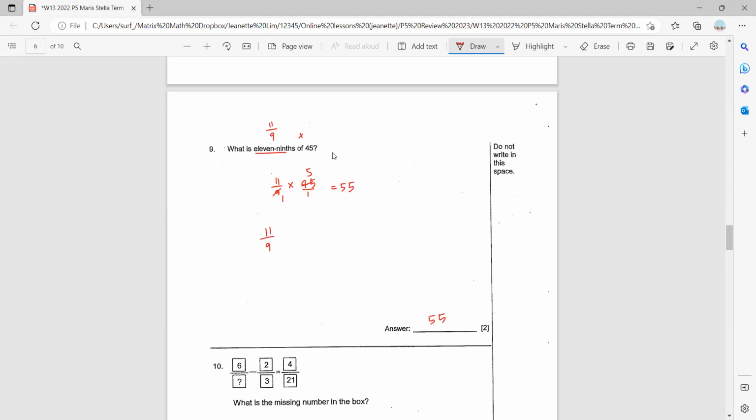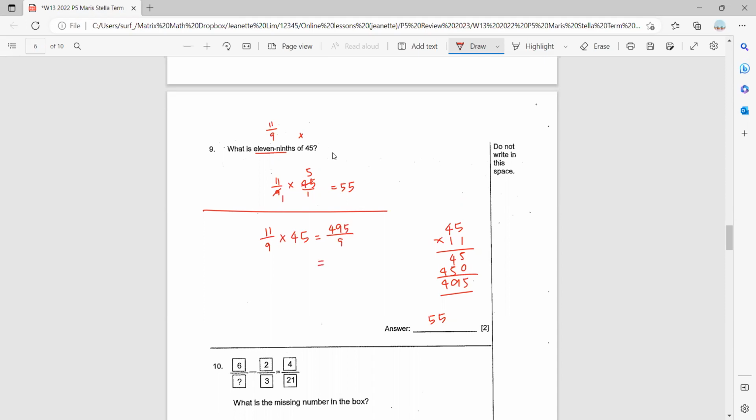Alternatively, you can also take 11 times 45. If you multiply the numerator, this is 495 over 9. Then you simplify it.